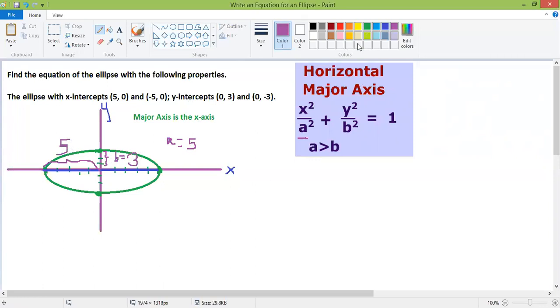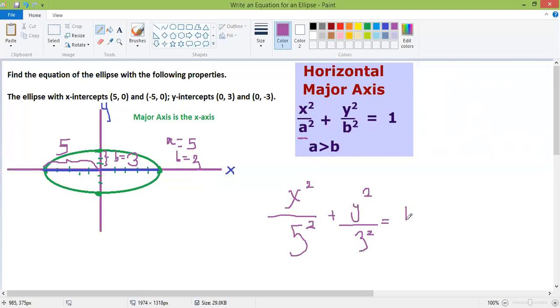So now all I have to do is write my equation. So I'm going to say x squared divided by a squared. a is 5, so that's going to be 5 squared, plus y squared divided by b squared, and we said b equals 3, right? So that'd be 3 squared, equals 1. And voila, that's it.